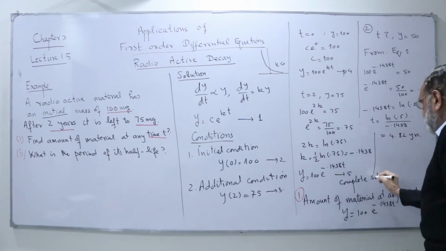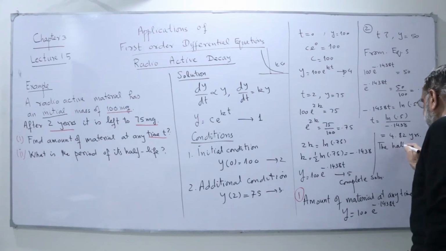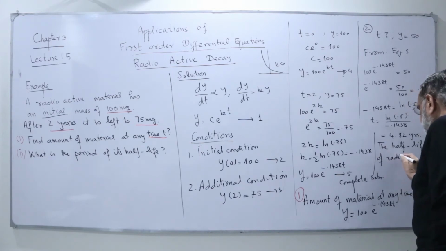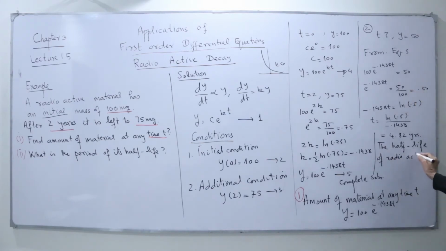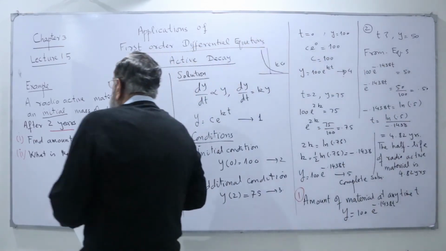So we say here the half-life of the radioactive material is 4.82 years. So that's how we can calculate the half-life of that. And I repeat this example with you again.